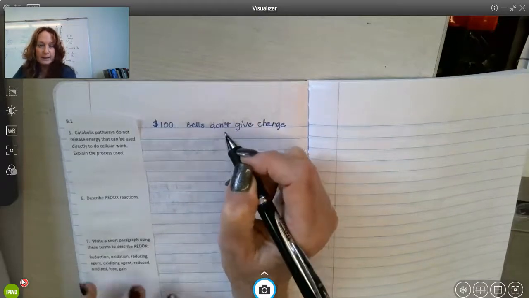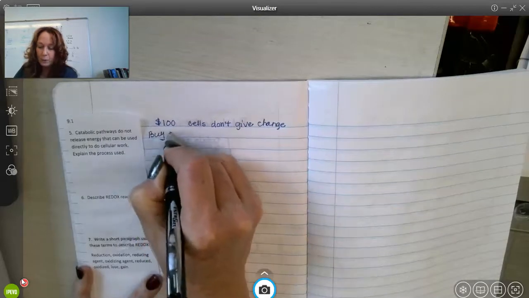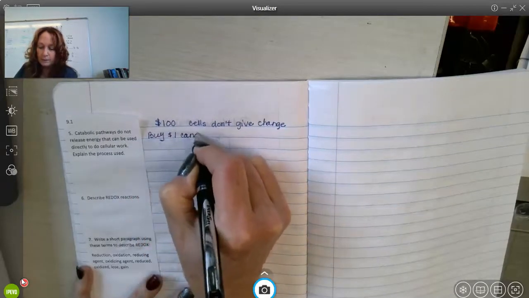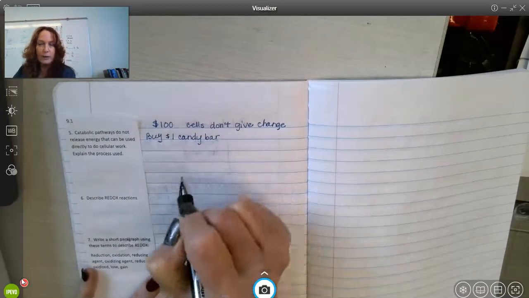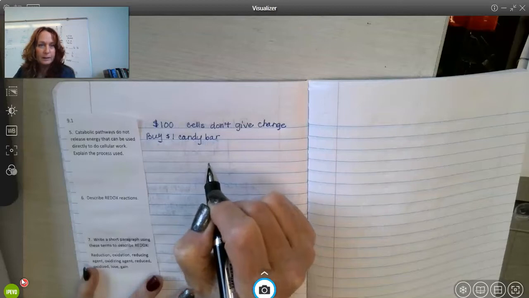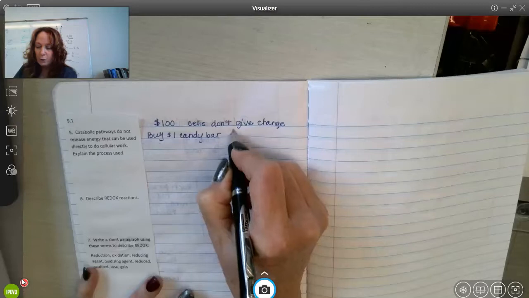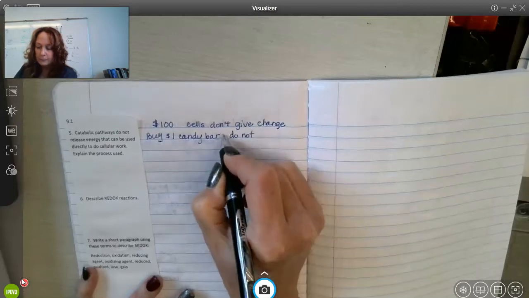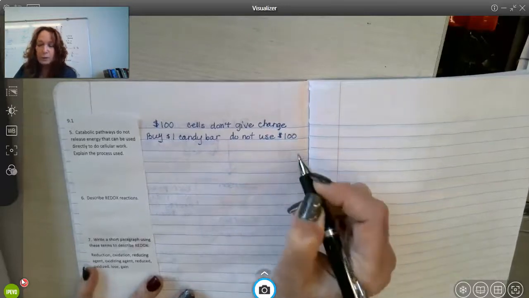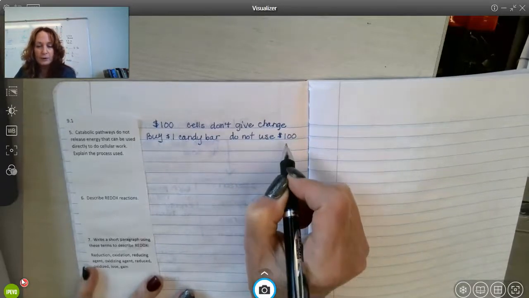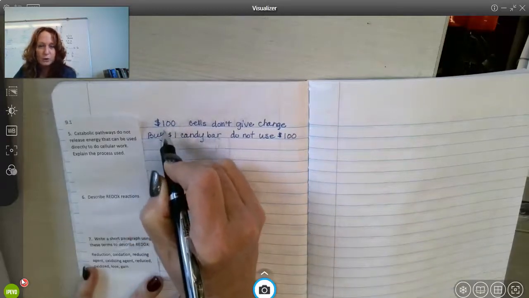A silly example would be if you wanted to buy a $1 candy bar, your choice would be to give $100 and just give up the 99. Cells can't live doing that. So you do not use the $100 bill. You have to figure out a way to get this in a form that's usable.